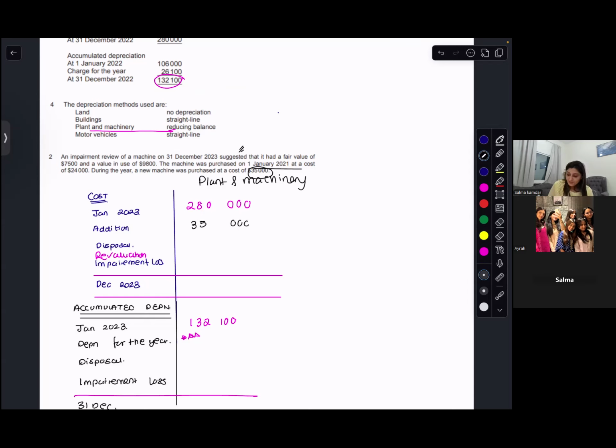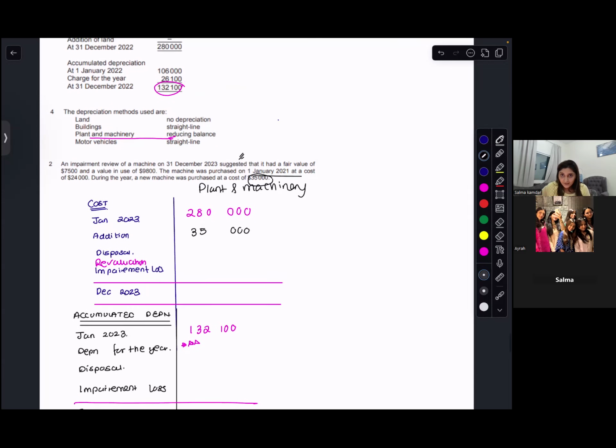What is the depreciation policy? Reducing balance, with a full year depreciation provided in the year of acquisition and none in the year of disposal.